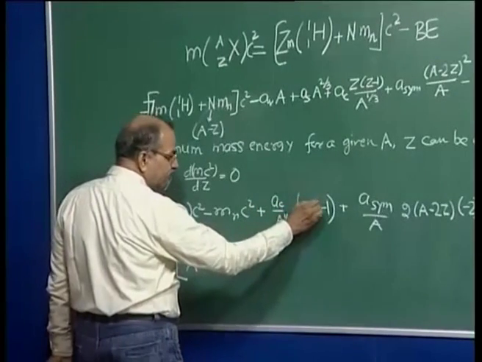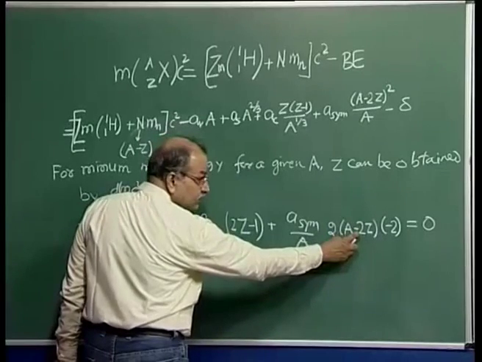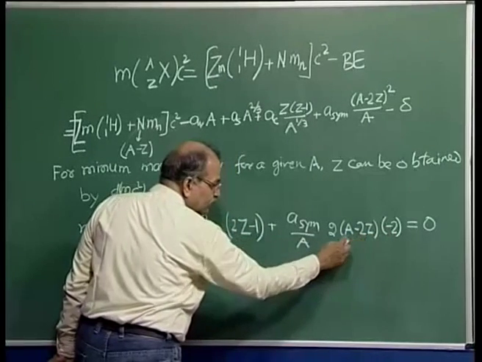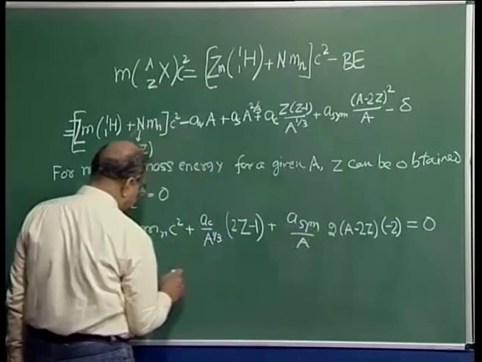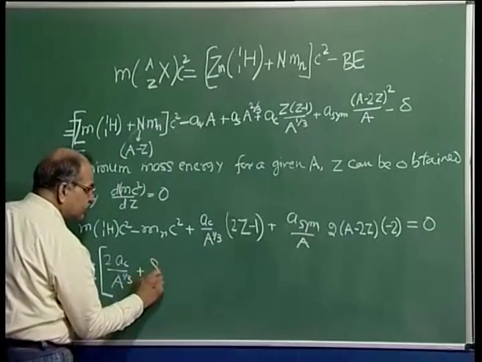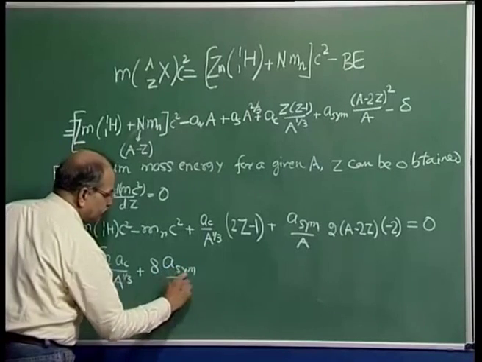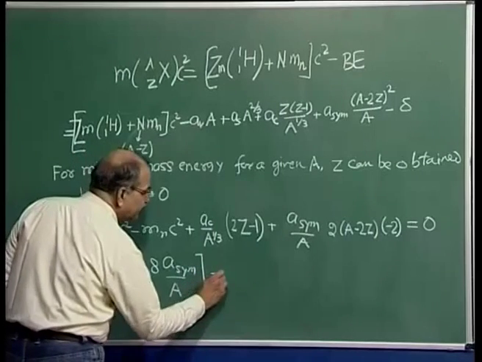Then where is Z? Here it is, and this is 2 into 2 is 4, and into 2 is 8. So, plus 8 times A_sym by A, over all Z terms I have taken.